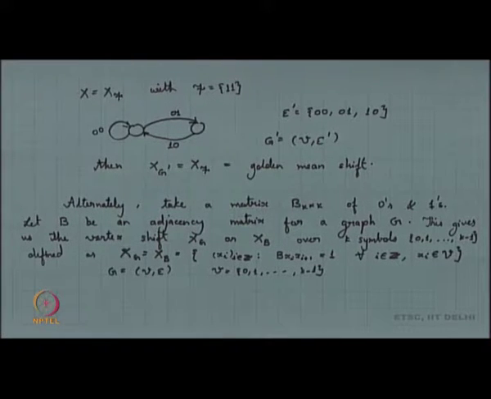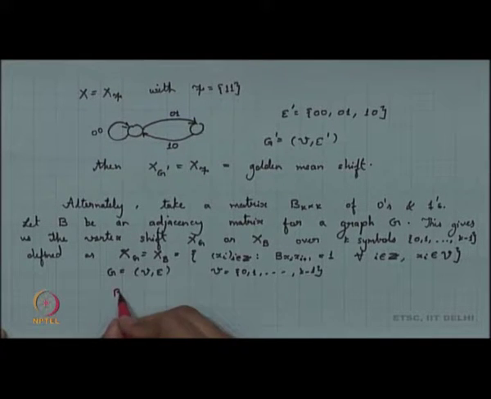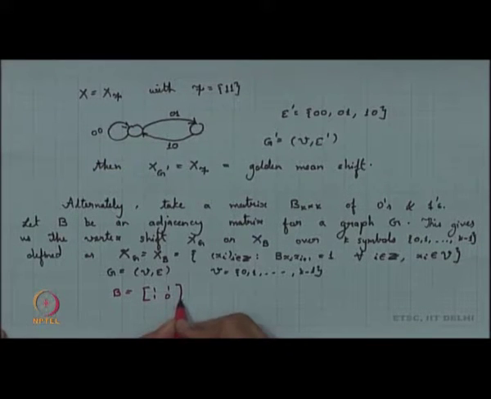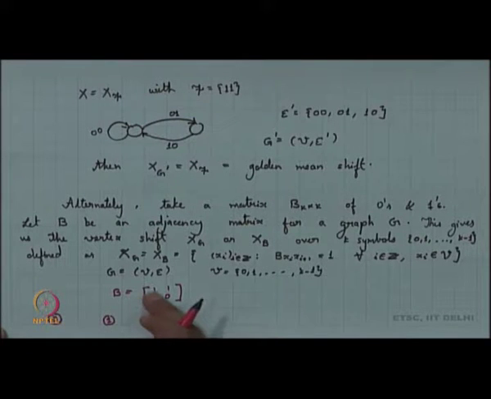Say, for example, we take B to be the matrix 1 1, 1 0, and for this we can easily define the vertex shift. Since I have this 2 cross 2 matrix, I have 2 vertices, which I can label as 0 and 1. Between 0 and 0 is there an edge? This entry is 1, so yes, there is an edge.